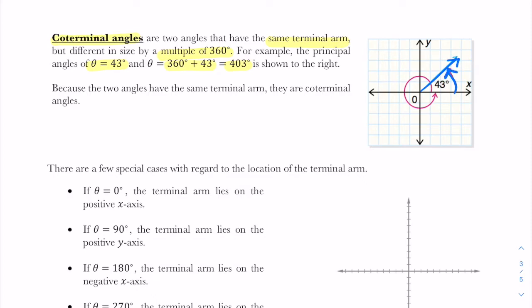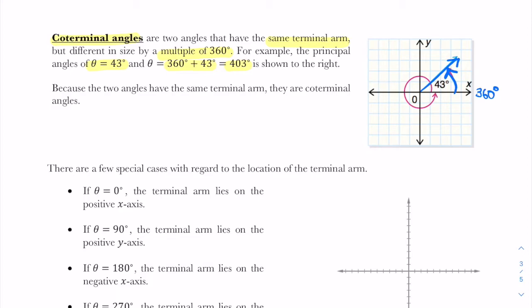But what if you decided to rotate that terminal arm by 403 degrees? Well, if you rotate a full 360, you're going to end up back on the positive x-axis. Remember, a full 360 brings you back to where you started.